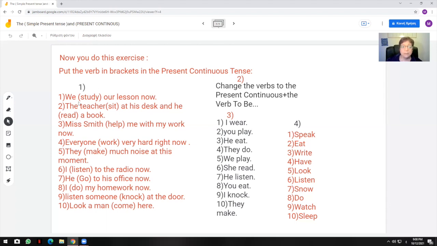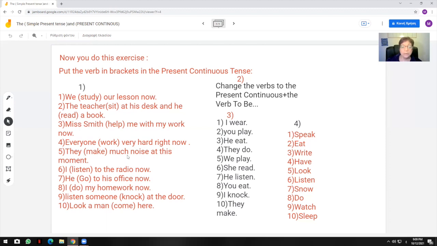Number one, we study our lesson now. The teacher sits at his desk and he read a book. Miss Smith help me with my work now. Everyone work very hard right now.